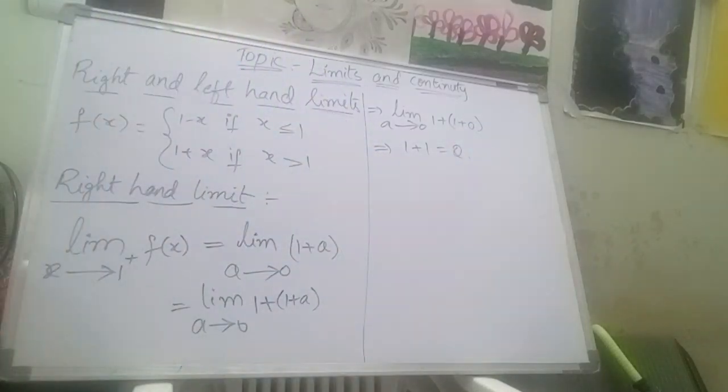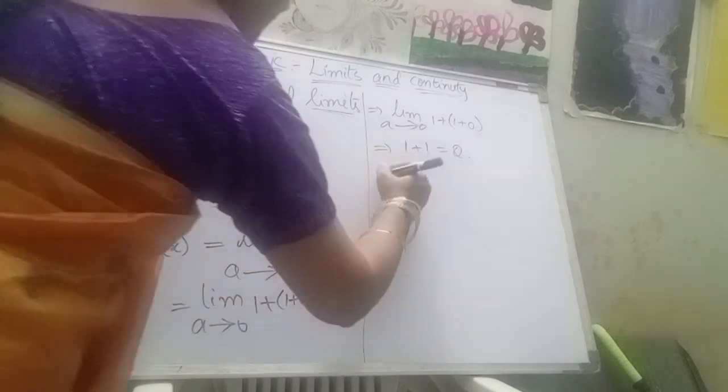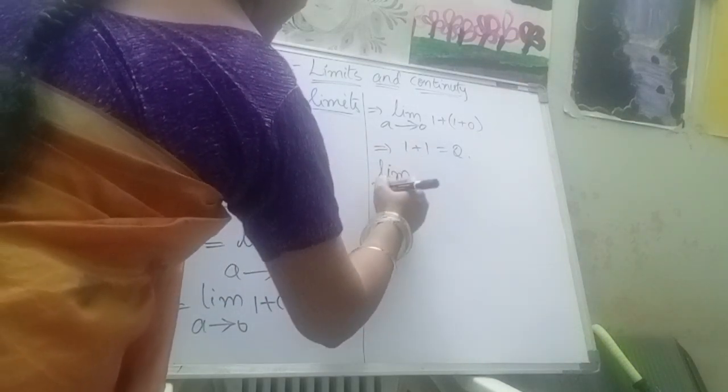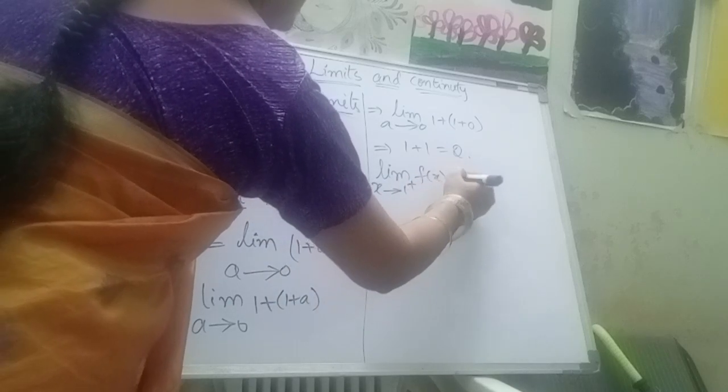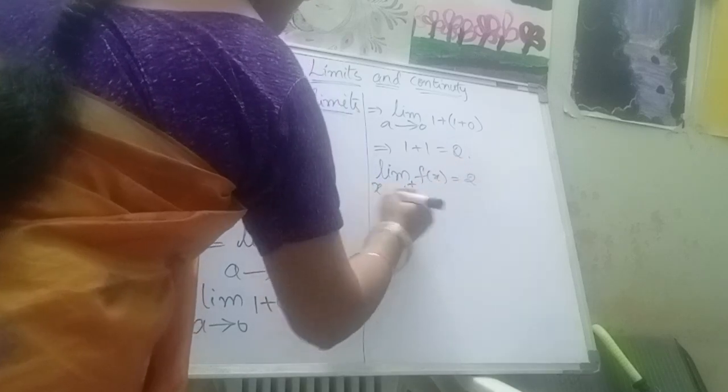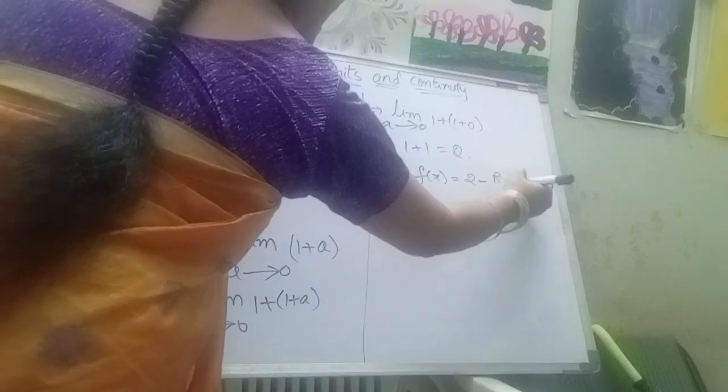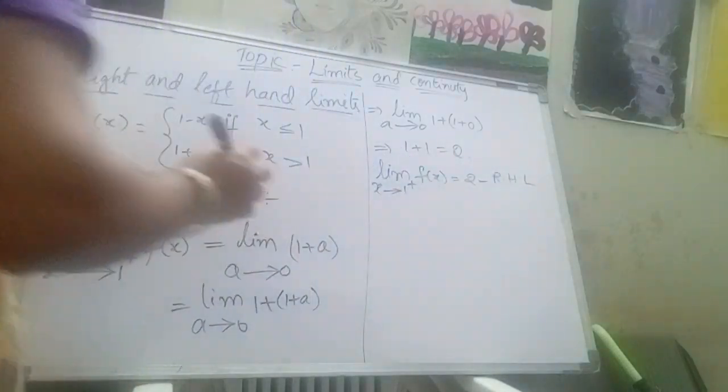This is the right hand limit. So you can write: limit x tends to 1 plus f of x is equal to 2. This is the right hand limit.